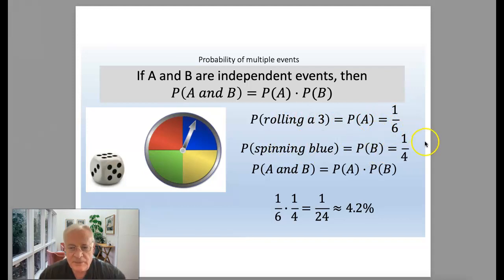And getting blue on the spinner is 1 out of 4 because there are 4 spots here and they all have the same area. So the probability of rolling a 3 and spinning blue on the spinner is 1 out of 24. You multiply 1/6 times 1/4. It's around 4.2%.